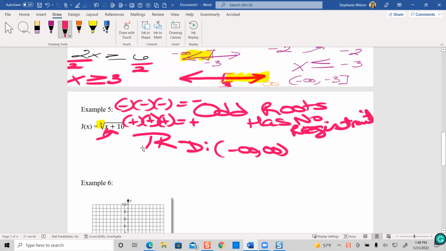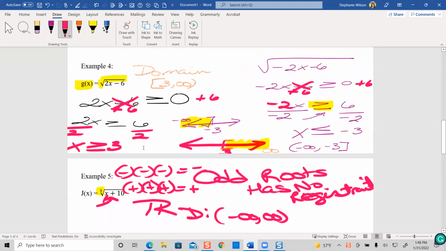The domain up here is restricted because whatever I plug in for x here has to yield a positive answer inside there. So if I plug in 3, I get 2 times 3 is 6, minus 6 gives me 0, and that's okay.